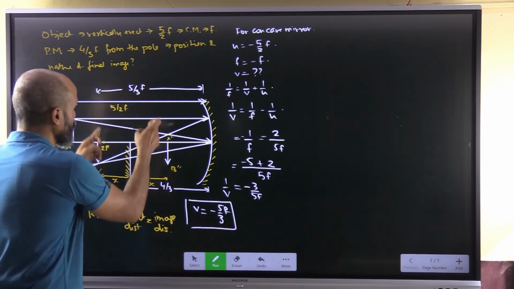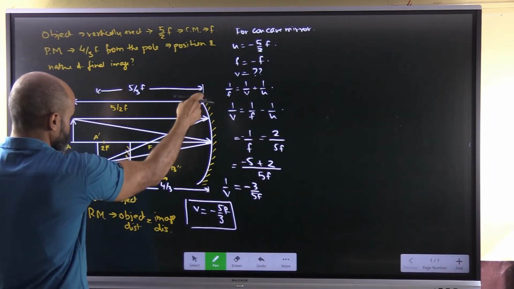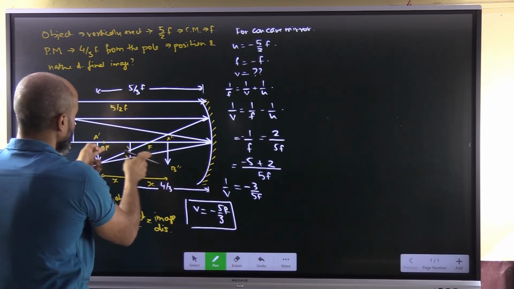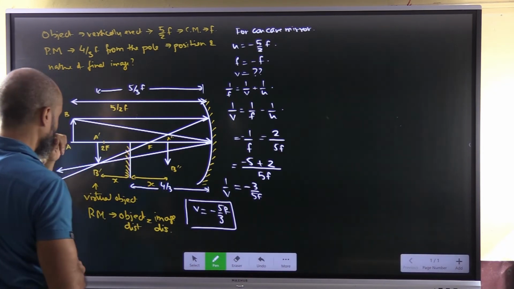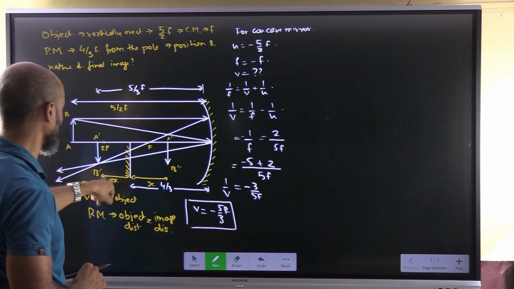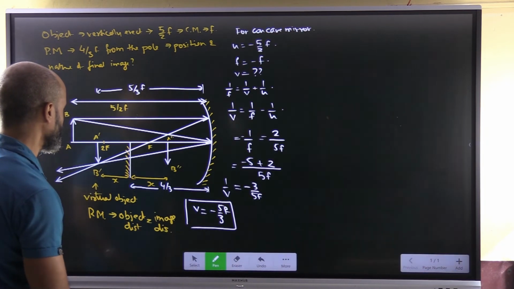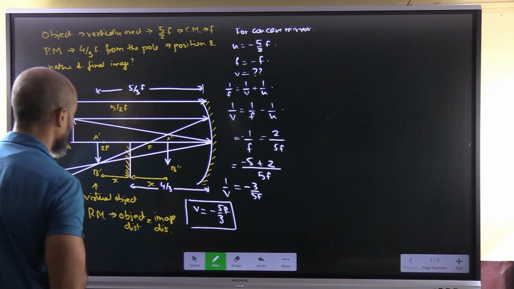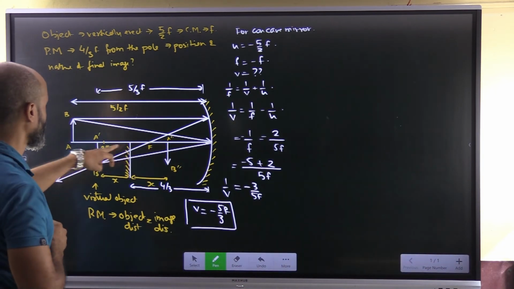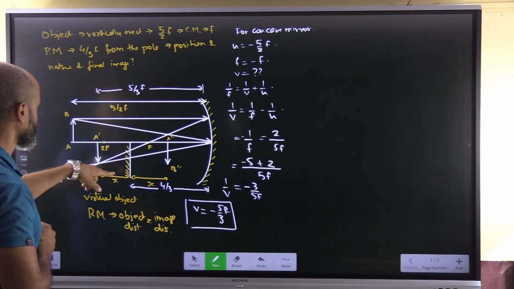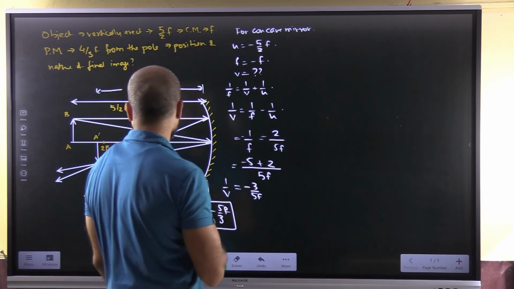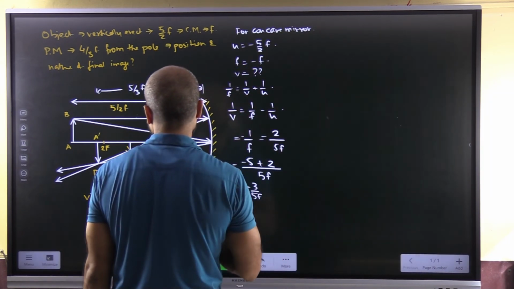So if I happen to calculate the value of x, see, this is 5/3f and this is 4/3f. So 4/3f plus x will be 5/3f. So what is the value of x?